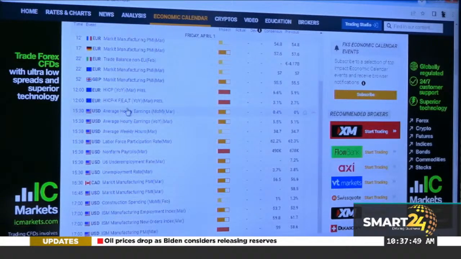So, yeah, you can take your time here and look at this chart. We have about an hour and a half for this event to actually come out. So you can prepare yourself and trade it, maybe in a big time frame, maybe in a small time frame, but yeah, it's quite isolated from the US dollar.